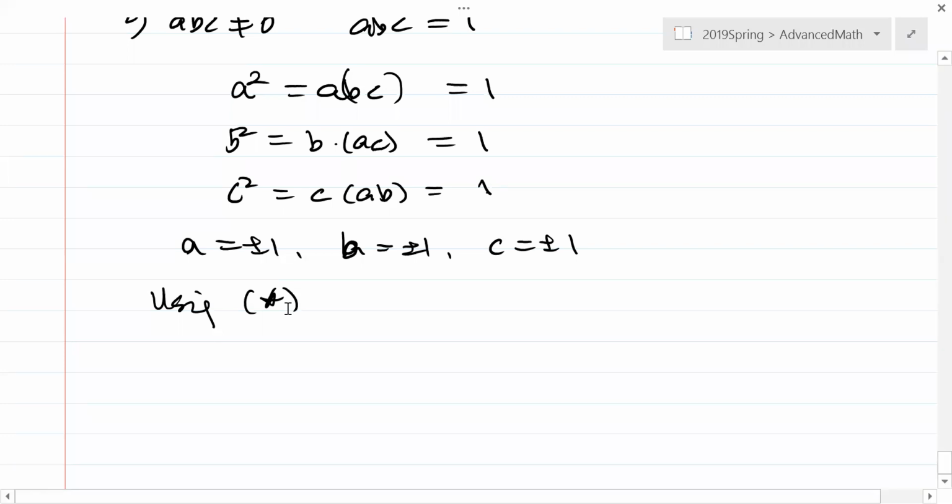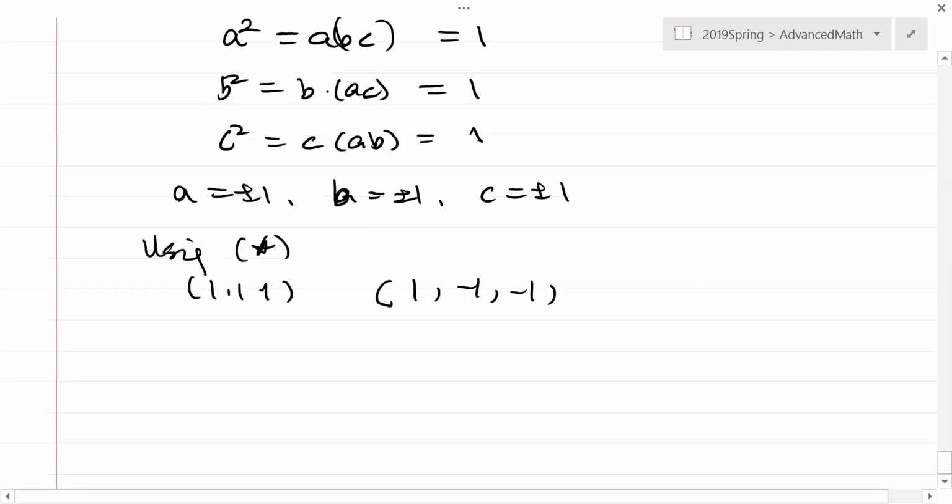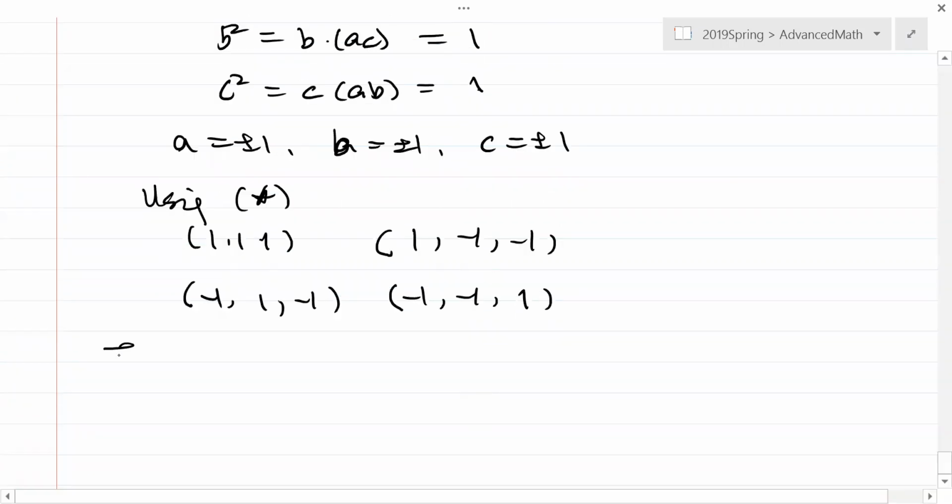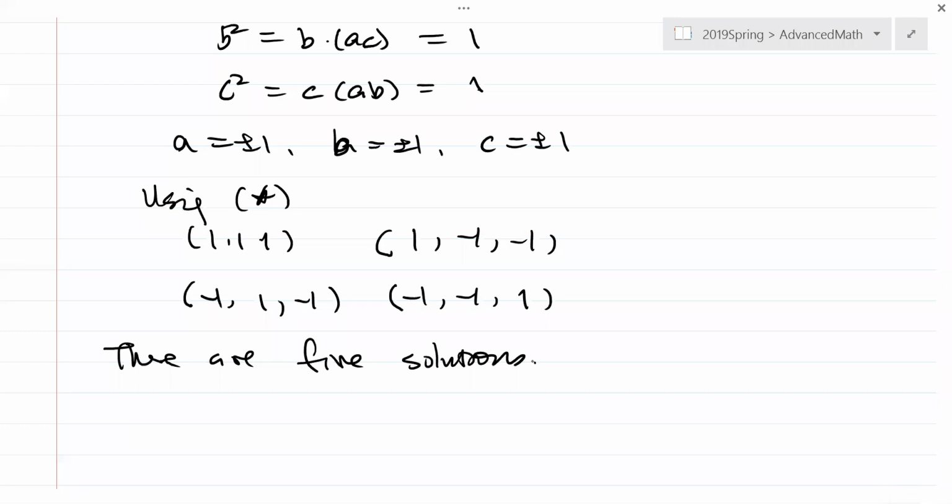The first set is 1, 1, 1, then 1, negative 1, negative 1. Another set of solutions: negative 1, 1, negative 1, and negative 1, negative 1, and positive 1. So you only have 4 solutions plus the 0 solution. There are 5 solutions total. Okay, so that's it. Let's stop here.